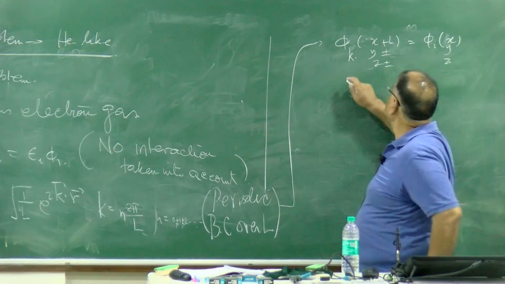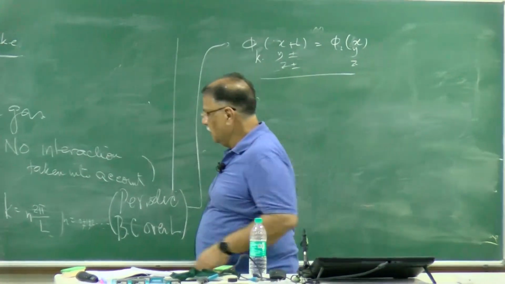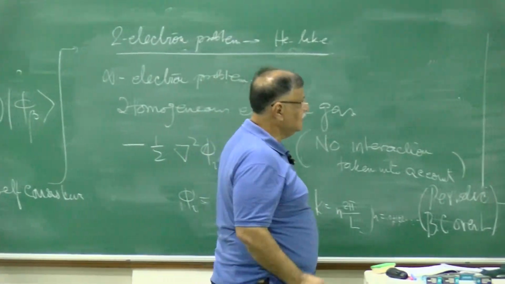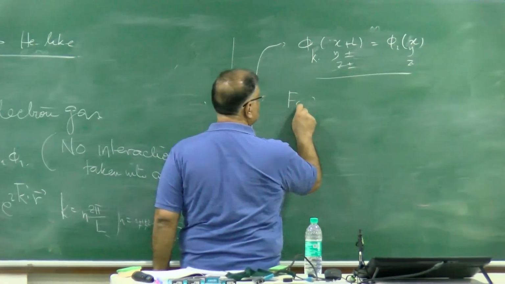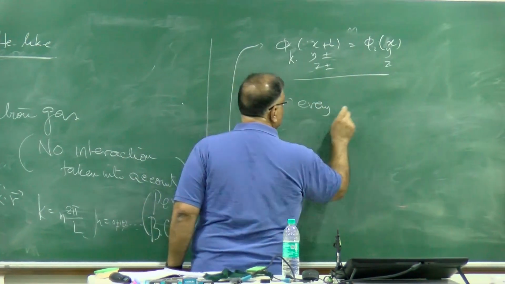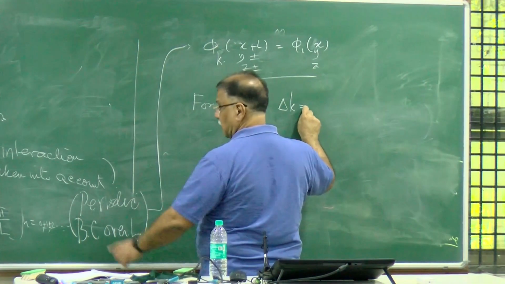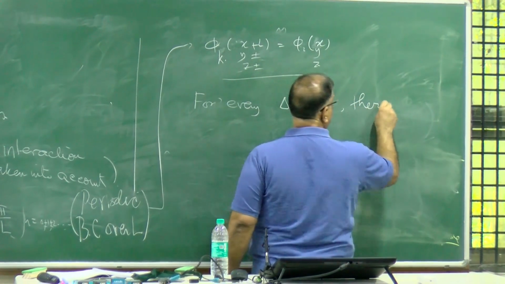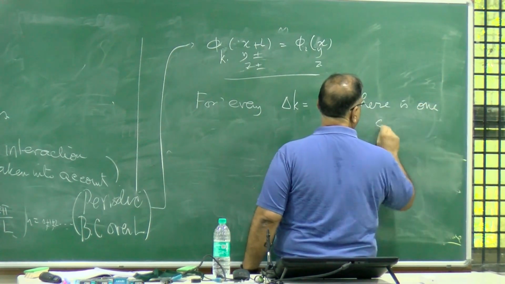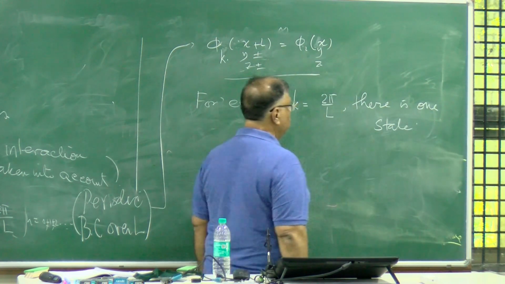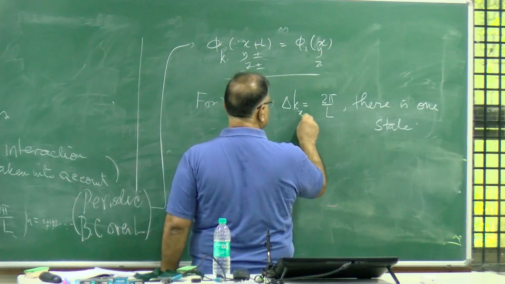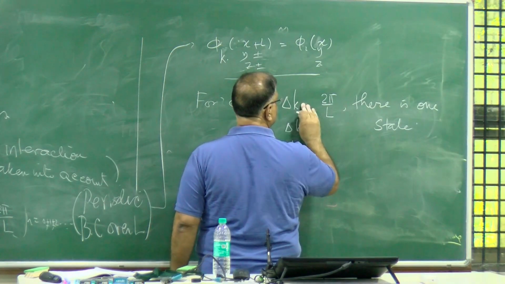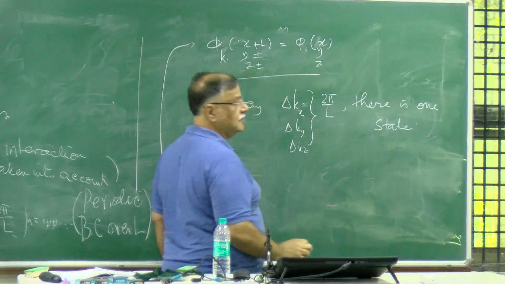Okay. Now, this is what it is. In this case, for every delta k equals 2 pi by L, there is one state. Delta kx, delta ky, delta kz, each 2 pi by L, there is one state.